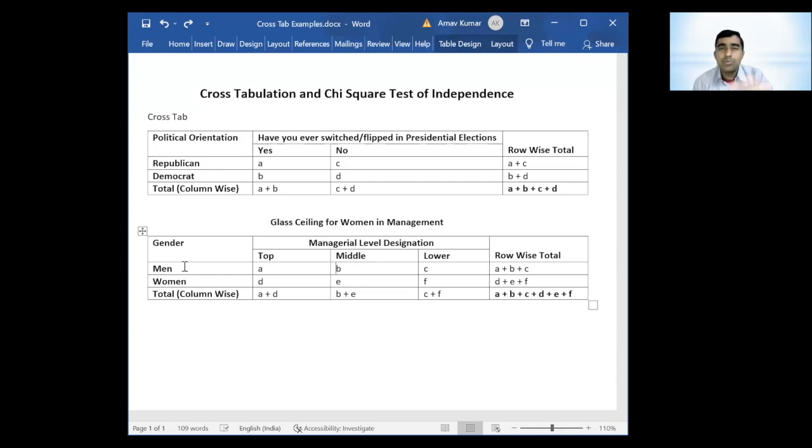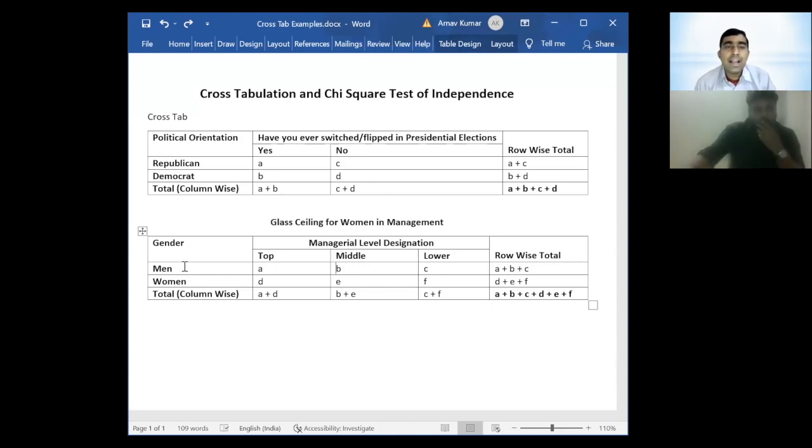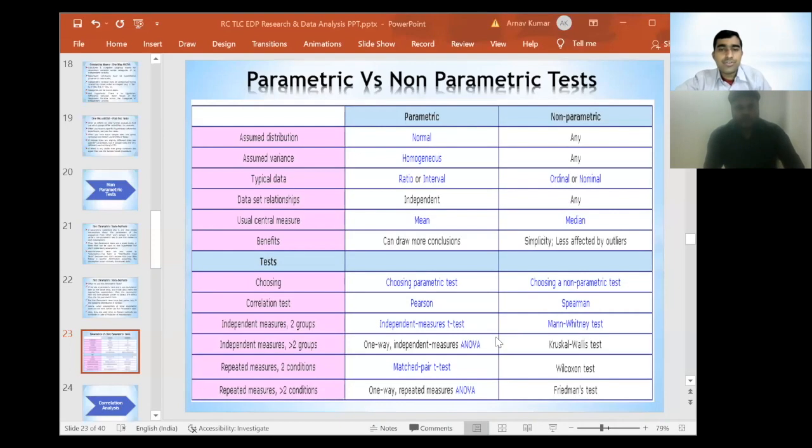Crosstab will do what we call the descriptive analysis in the form of frequencies, and the chi-square will do the hypothesis testing part when you want to generalize the findings for the entire population. So that's what I wanted to discuss with you in today's session. We have covered all these parametric and non-parametric techniques which I showed you, and I have also given you the background of these techniques, what they essentially mean and how they can be used.